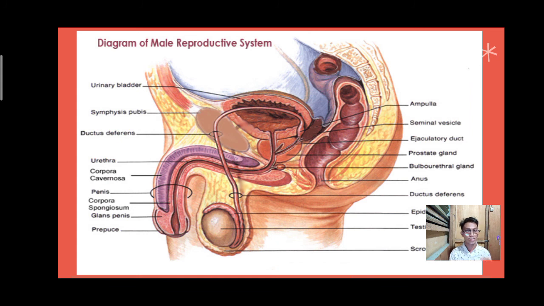The mature sperm is stored in the epididymis until they are released during sexual intercourse. From the epididymis, it continues into a long sperm duct called the vas deferens. After the vas deferens, it will join the urethra.